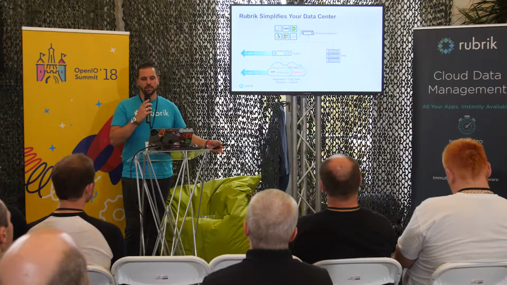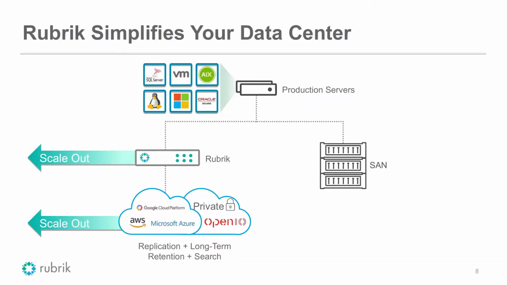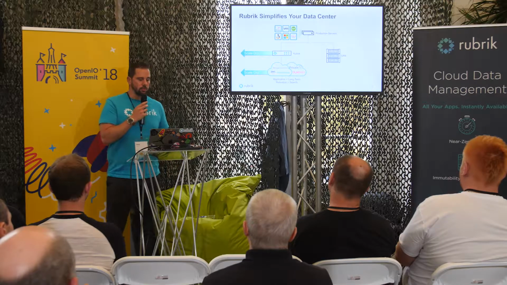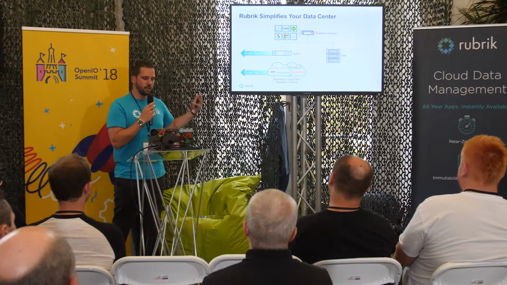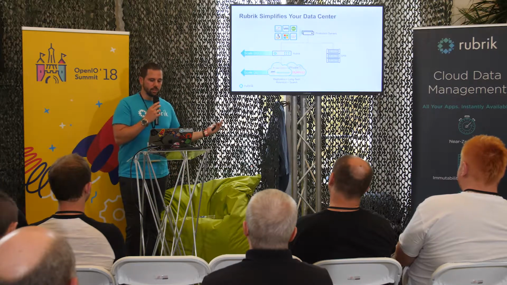So just using one single appliance, you can use the different storage that can be provided to you. In a private cloud example, some OpenIO infrastructure with your object storage infrastructure, or in the public cloud, the different main cloud providers that can be shown here.